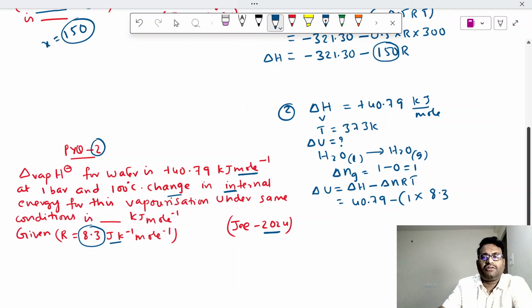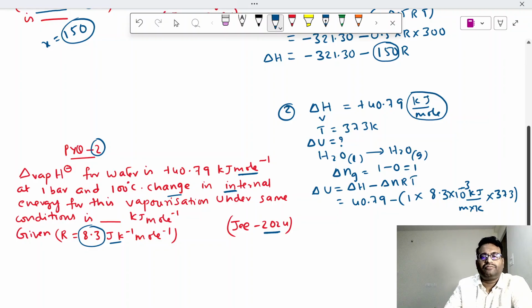But in the question we have kilojoule per mole, so we have to take 10 power minus 3 kilojoule per mole per Kelvin into temperature 373.